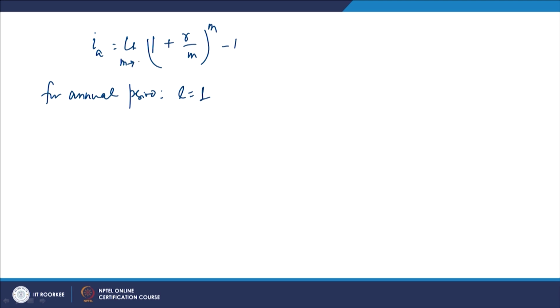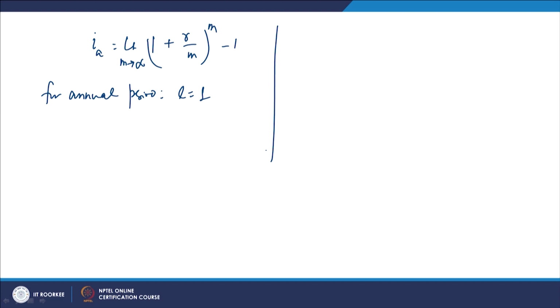Since you are doing annually, for the annual period, L will be 1. So, it will be 1 plus r by m raised to the power Lm, minus 1. Now, in this case m is going to be infinity. So, you are taking m tending towards infinity.